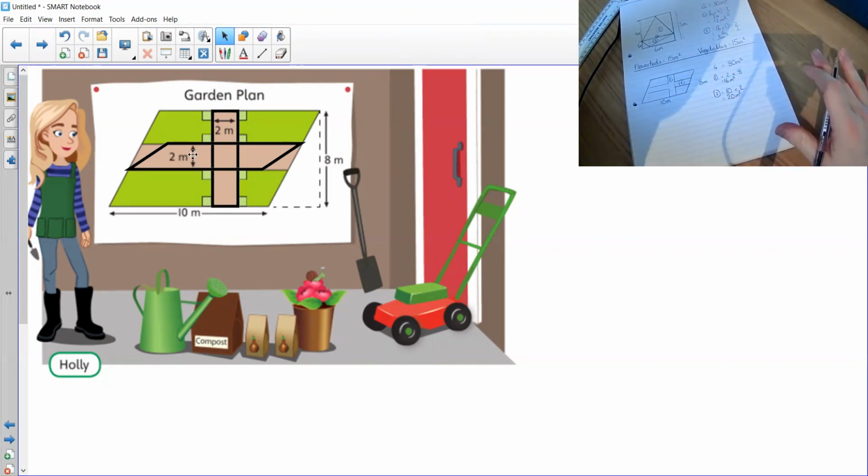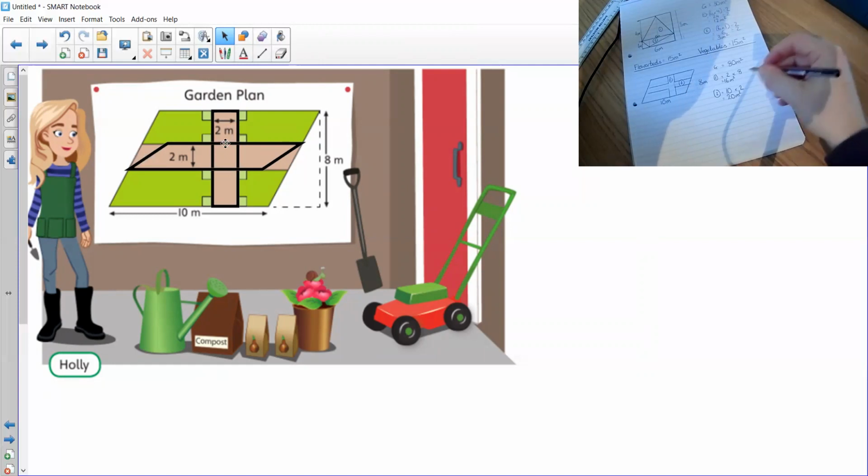But you're not done just yet, because if you noticed, I've already got this sort of square in the middle here. I can't lay path number 2 on top of path number 1, because it's already there. So I need to take one lot of that away. Path 2 doesn't need to go over this square here. How do I work out the area of this square? Well, it's 2 meters this way and 2 meters this way, so it's 4 meters squared altogether.